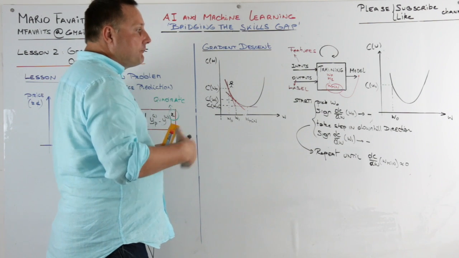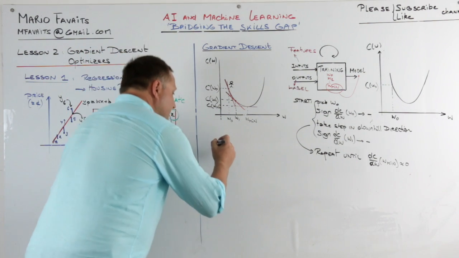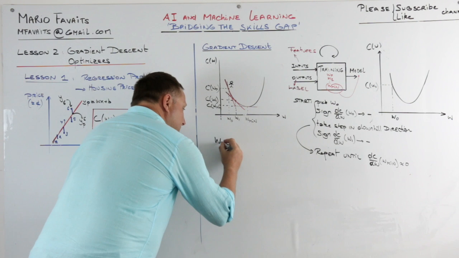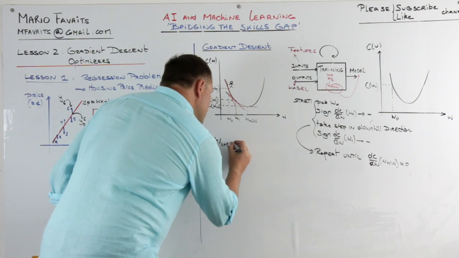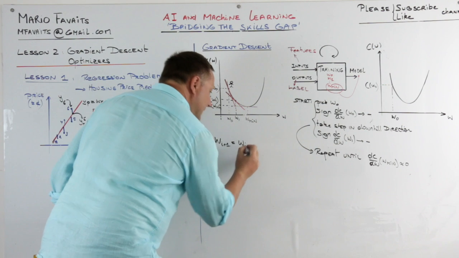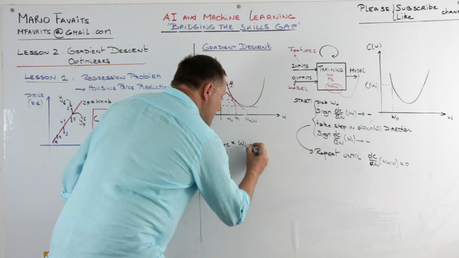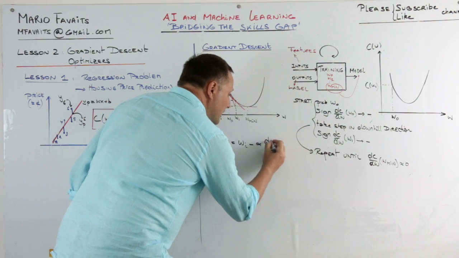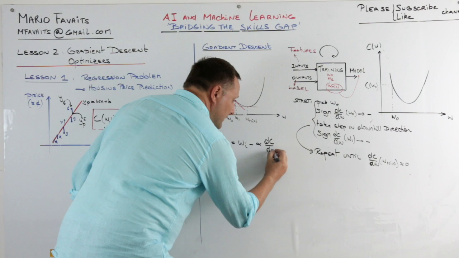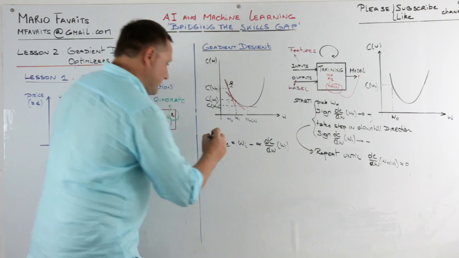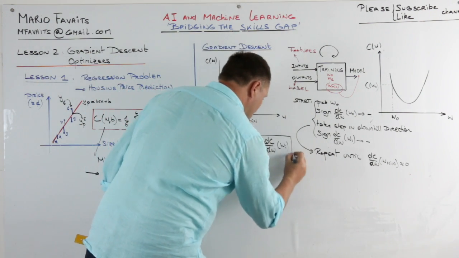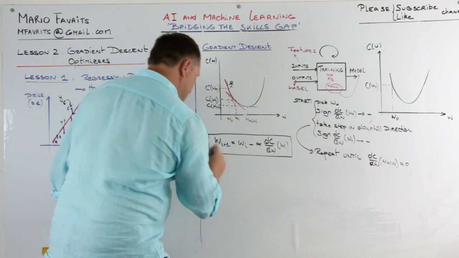So the general update rule for gradient descent is Wi+1, so that is the next iteration, equals Wi, the current iteration, minus alpha dC/dW in the current point Wi. So that is my update rule for gradient descent.